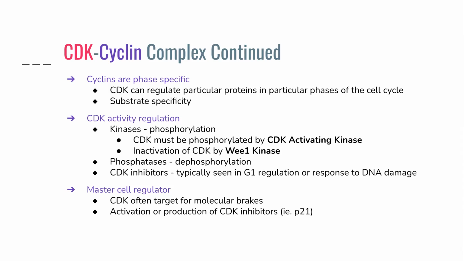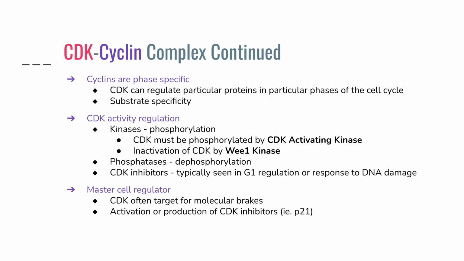Phosphatases will dephosphorylate CDK, which can either take off the inhibitory phosphate put on by Wee1, which would help it be active, or take off the activating phosphate put on by CAK, which would cause CDK to be inactive.